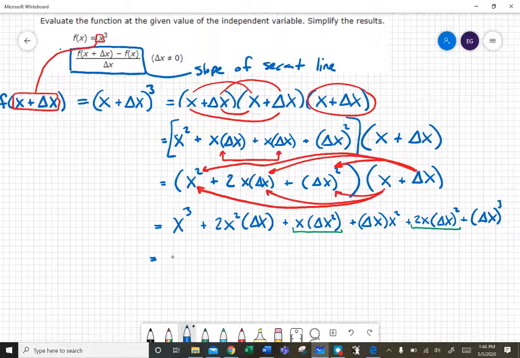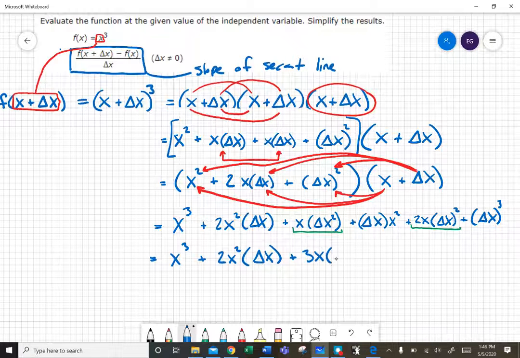Okay, so it looks like we have x to the third power plus 2x squared delta x plus 3x times delta x squared plus an x squared delta x.